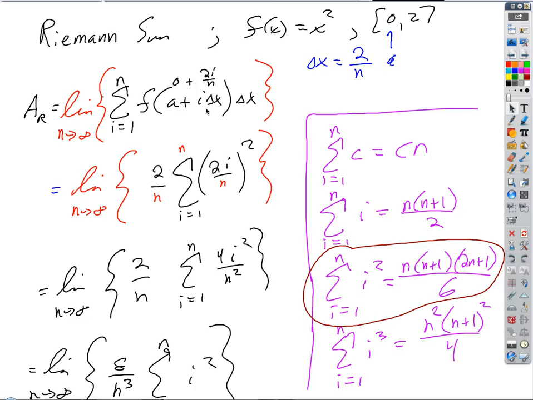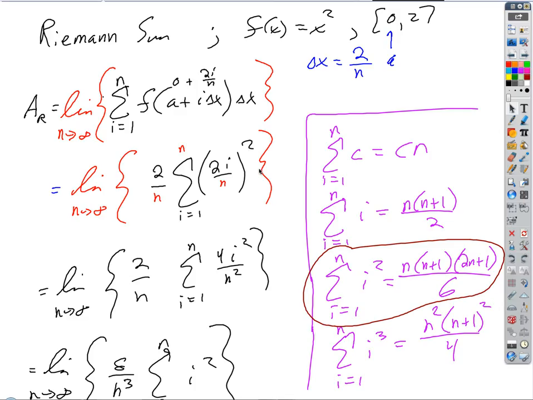And a is 0, delta x is 2 over n, so a plus i delta x just becomes 2i over n, times delta x. Our function is f of x equals x squared, so we'd end up getting the quantity 2i over n, squared, times delta x, which is 2 over n.